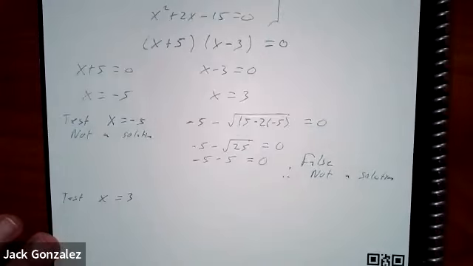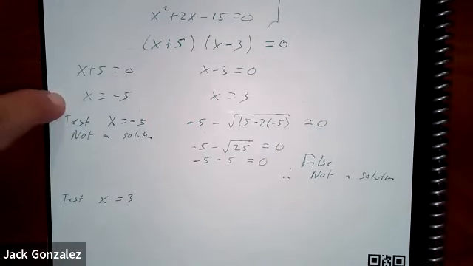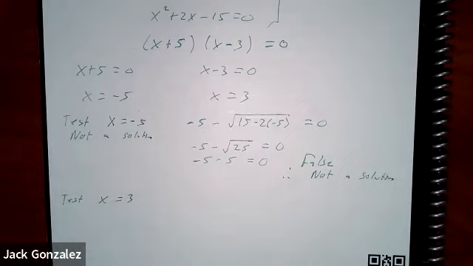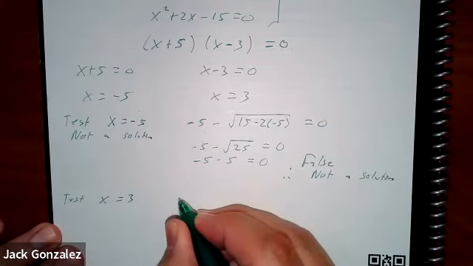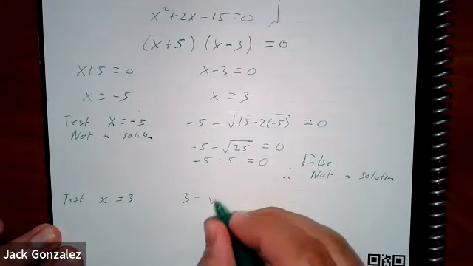Now do the same thing with 3. So in the answer choices, you would not choose the negative 5 one, right? You would tell me which one is the answer, okay? So plug in 3.